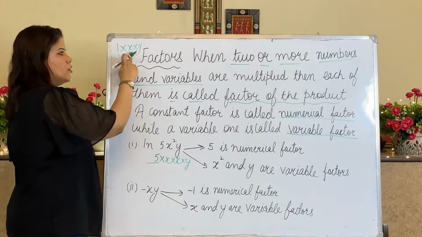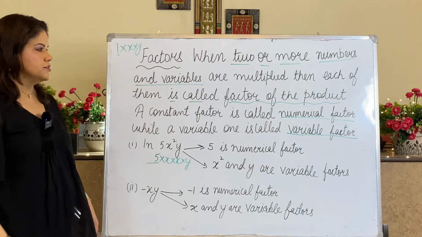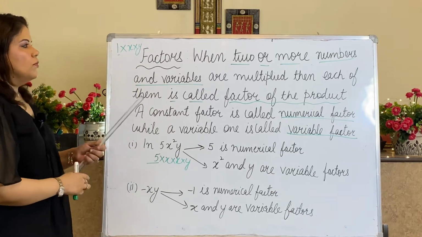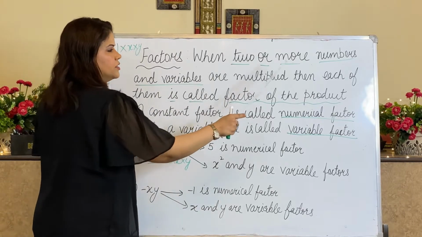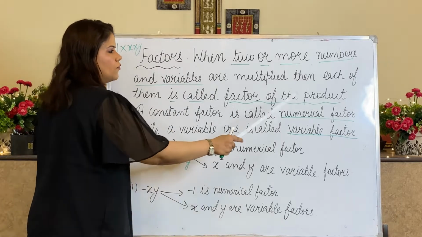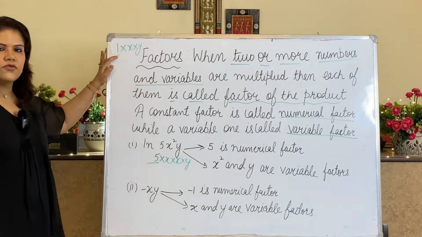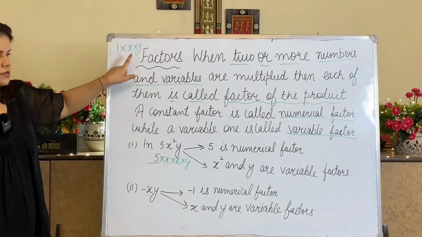Here we have a number also and a variables also. These all are factors. When two or more numbers and variables are multiplied, then each of them is called a factor of the product. Here 1 is also a factor, x is also a factor, y is also a factor.